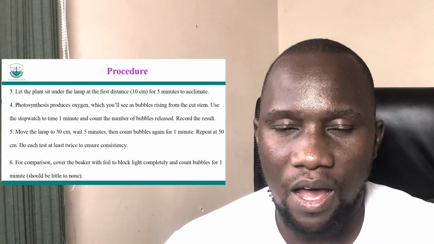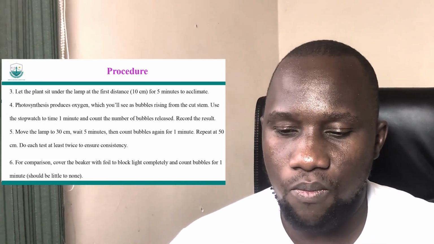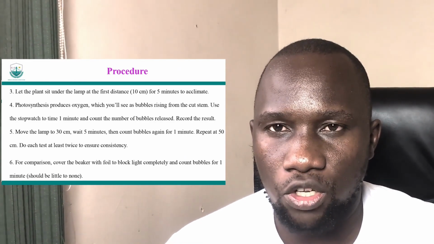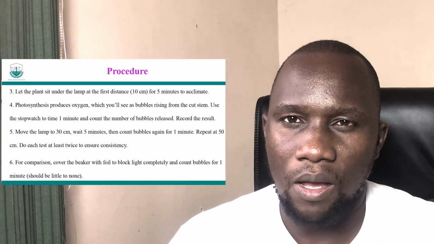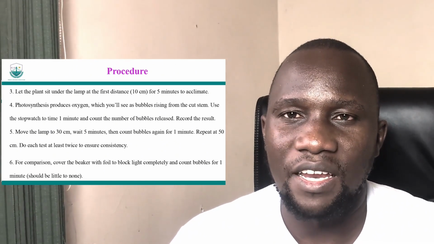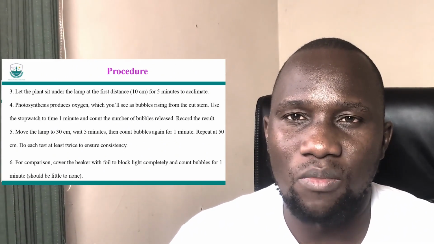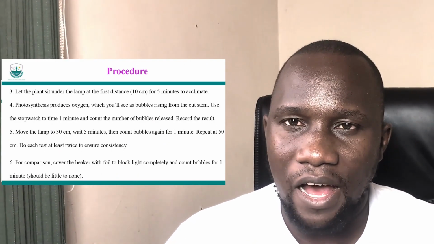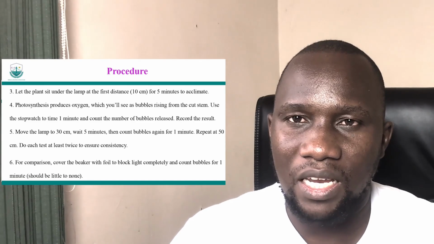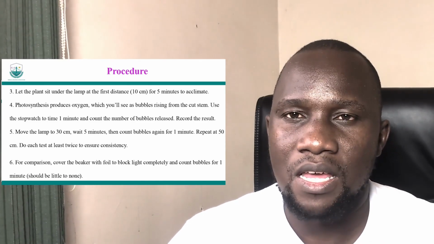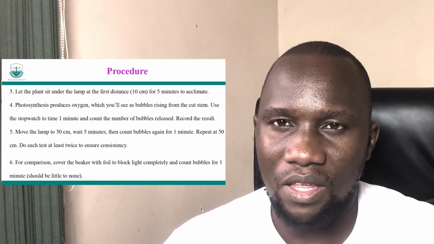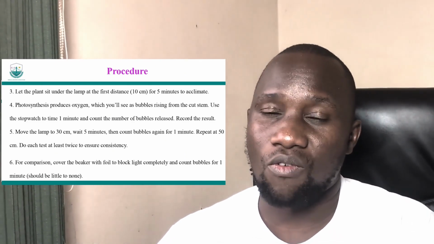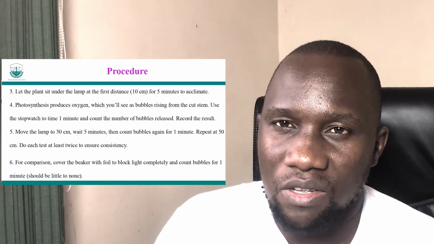After that, you start your stopwatch, and then count the number of bubbles that are released in 1 minute, at the point of 10 centimeters. And then you repeat the same thing at 30 centimeters, and then also at 50 centimeters.